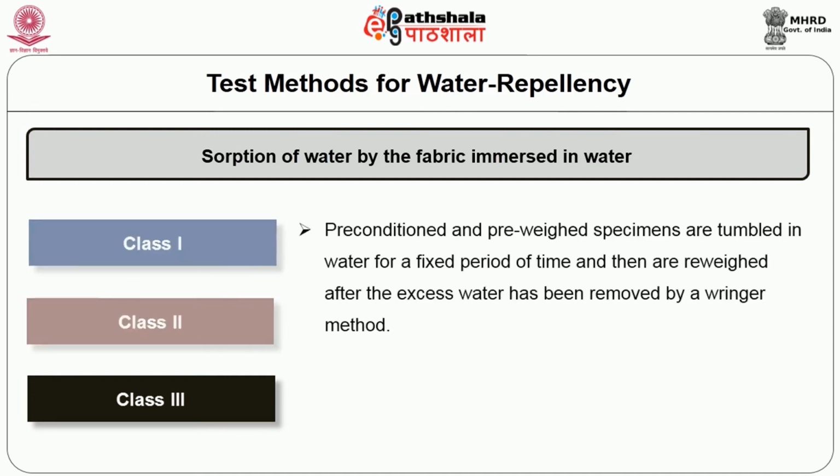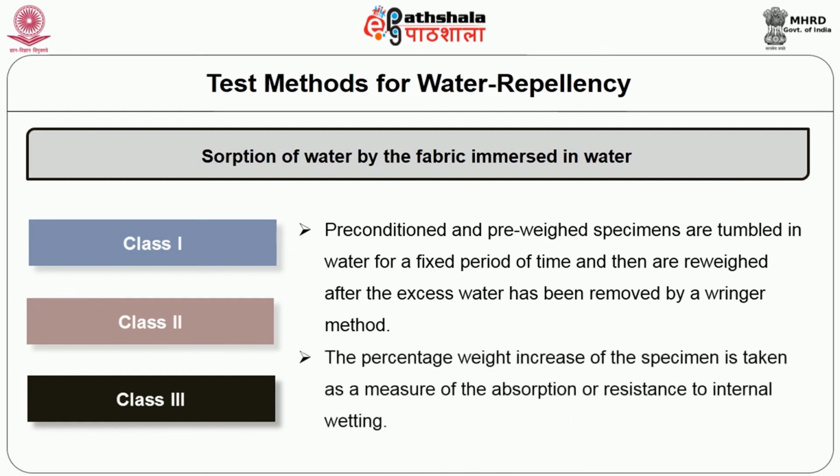Preconditioned and pre-weighed specimens are tumbled in water for a fixed period of time and then are reweighed after the excess water has been removed by a wringer method. The percentage weight increase of the specimen is taken as a measure of absorption or resistance to internal wetting.